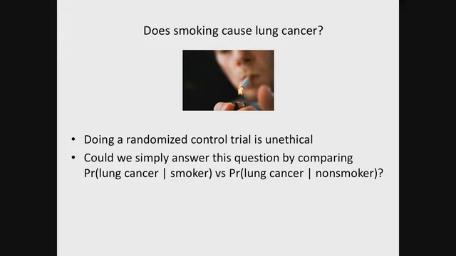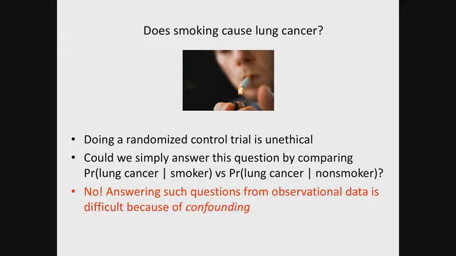But those numbers, as you'll see in the next few slides, can be very misleading because there might be confounding factors that would, for example, both cause people to be a smoker and cause them to receive lung cancer, which would differentiate between these two numbers. And we'll have a very concrete example of this in just a few minutes.